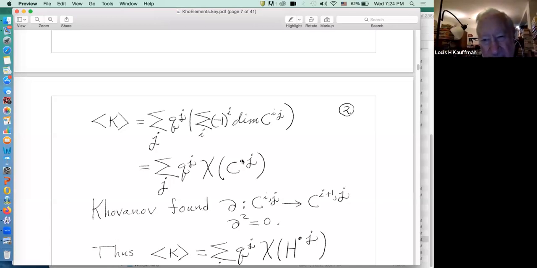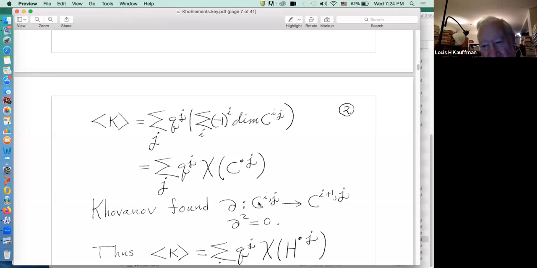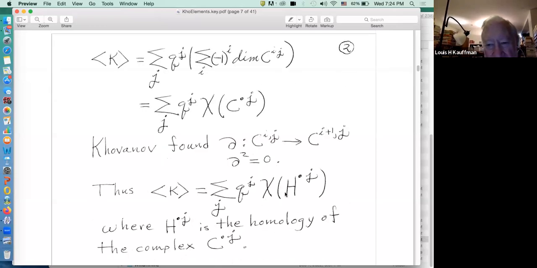But you can imagine someone going down this line and saying, well, there ought to be a chain complex. There ought to be a boundary operator that takes Cij into Ci plus 1 j, whose square is 0. And if there were, why, then that would be great, because then we would have the Euler characteristic here, and we could take the homology, and this would be the Euler characteristic of the homology, and there would be a homology theory in back of the invariant.